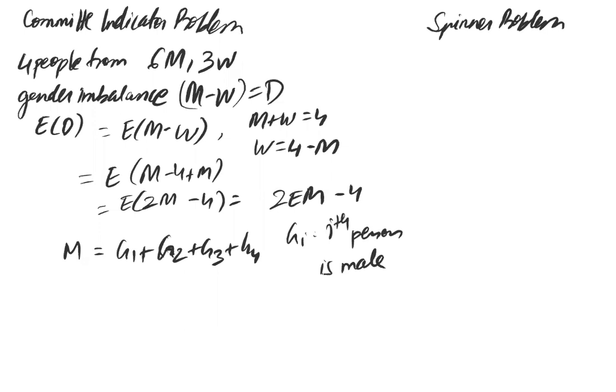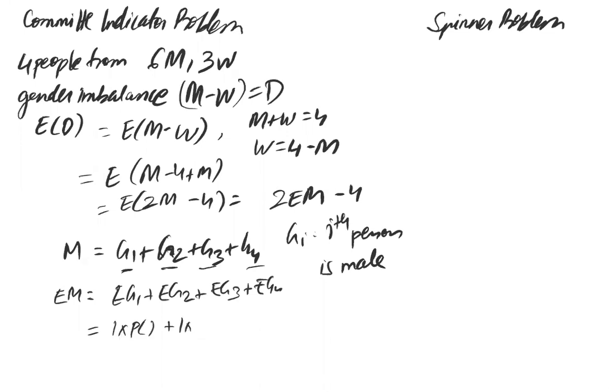Okay, so the first person is male, the probability of that, plus the probability of the second person, third and fourth person being male. So the expected value of M becomes E of G1 plus E of G2 plus E of G3 plus E of G4, which is essentially, because we're just talking about one person being picked, 1 times the probability of that happening each time.